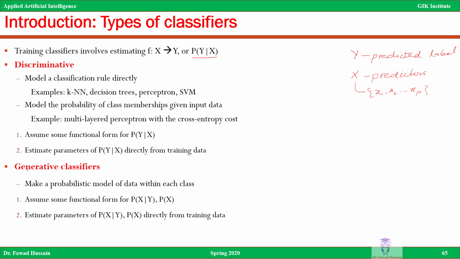In contrast to that, the generative classifiers also predict y given x. However, this prediction is based on calculating the probability of x given y. In other words, calculating the probability of observing an attribute given the class. Now, this may seem counterintuitive. Let me give you an example.